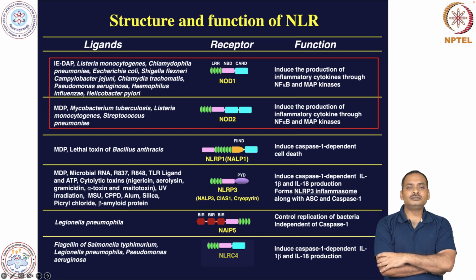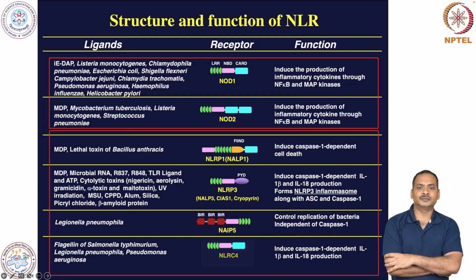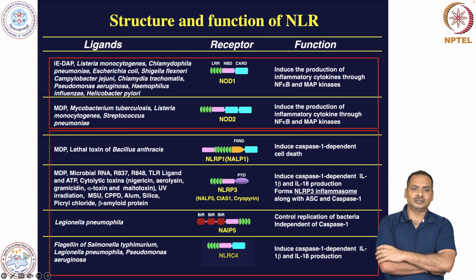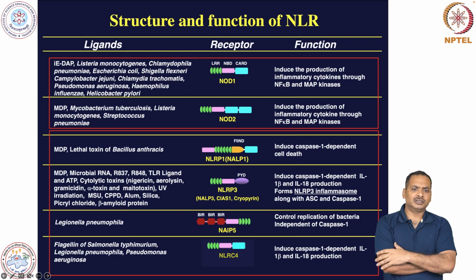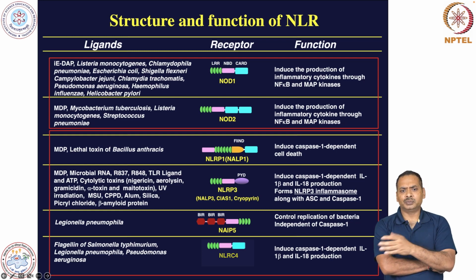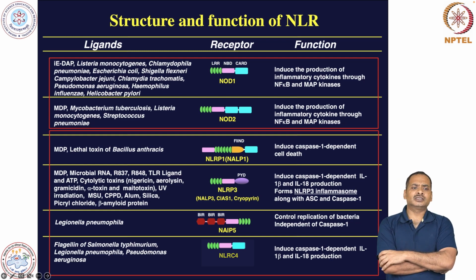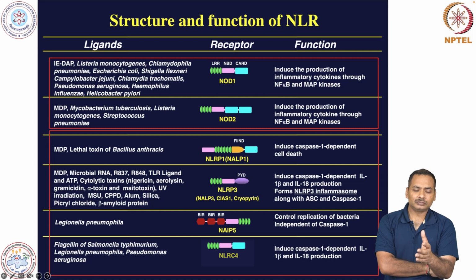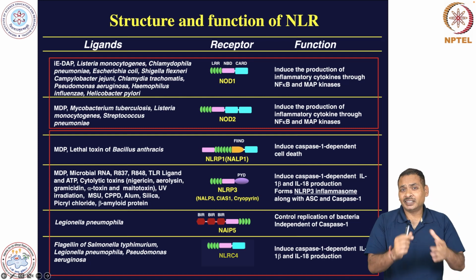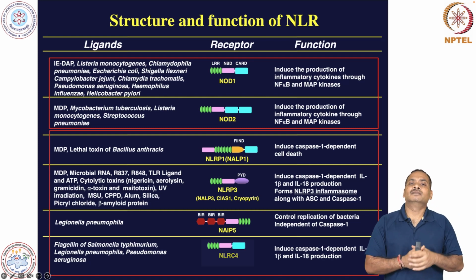Okay. Another functional category is basically NLRP1, NLRP3 and NAIP5. So these proteins basically sense the ligand, and then they make a multi-protein complex. Okay.